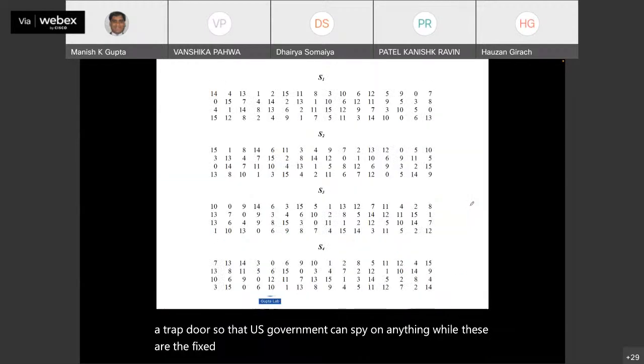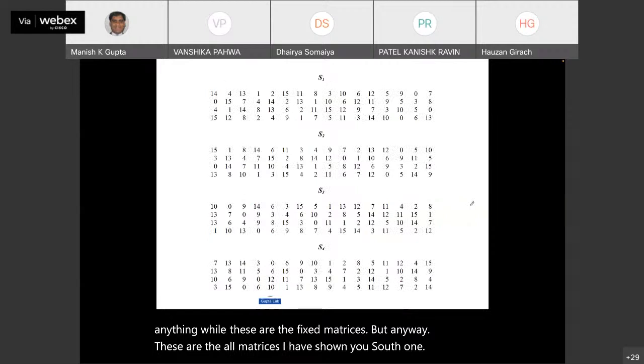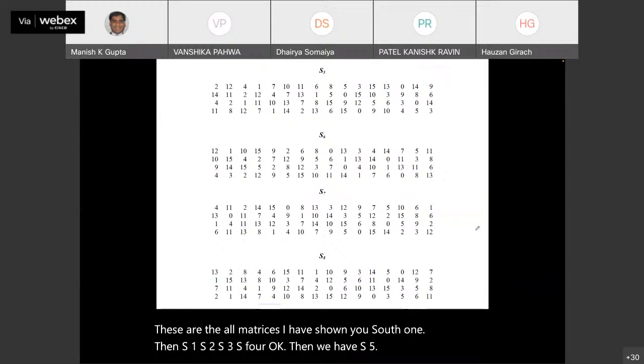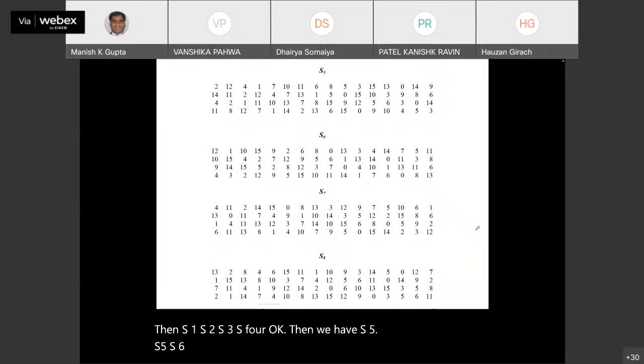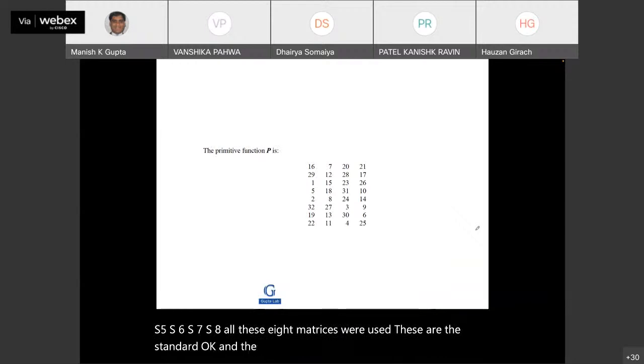But anyway, these are all the matrices. I have shown you S1, S2, S3, S4, then we have S5, S6, S7, S8. All these 8 matrices were used. These are the standard.